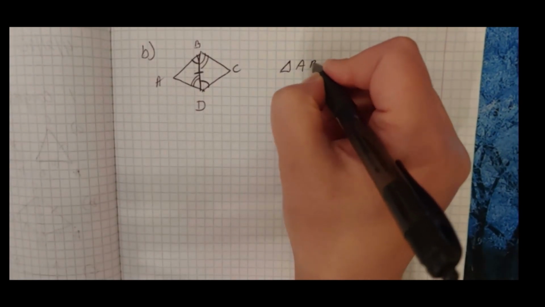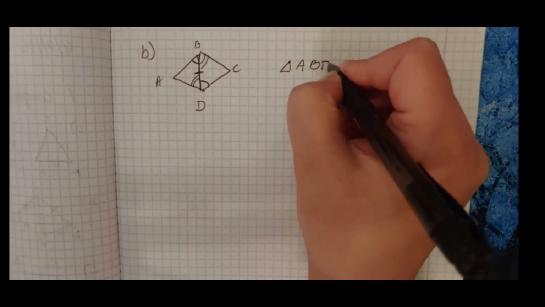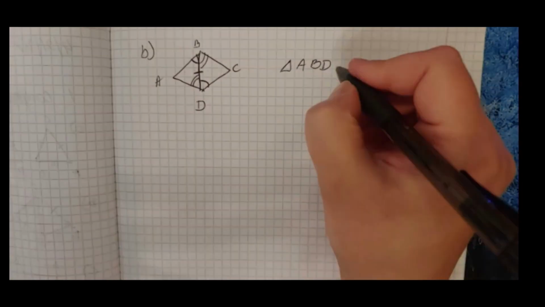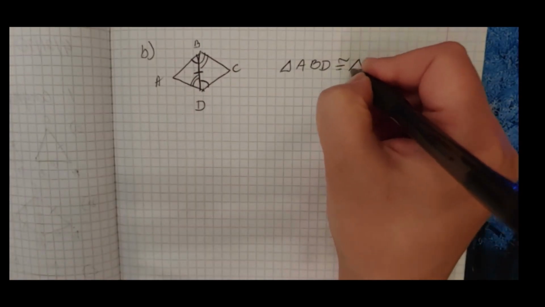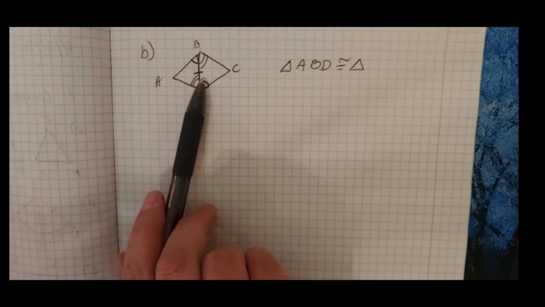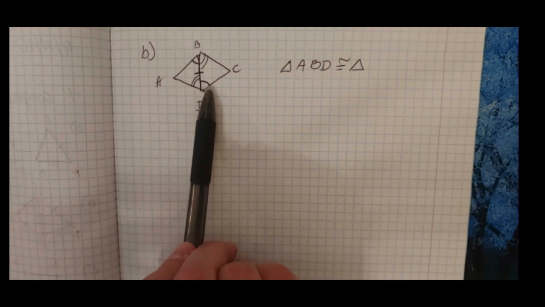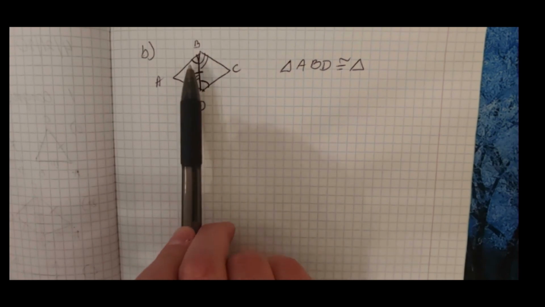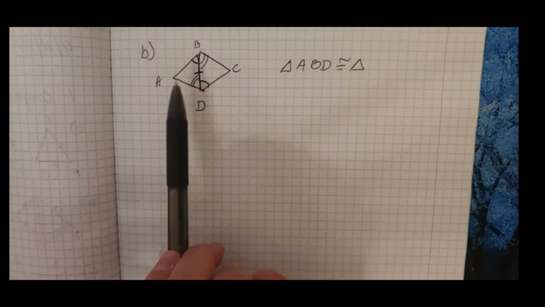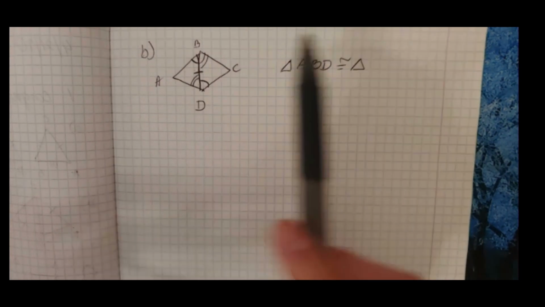Triangle ABD is congruent to triangle. Okay, so let's think about it. This angle B right here goes with this angle D, and this guy goes with this. So the only ones that are left alone are A and C. That means they have to match.